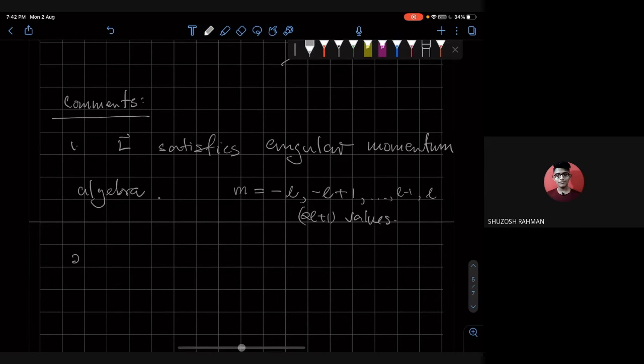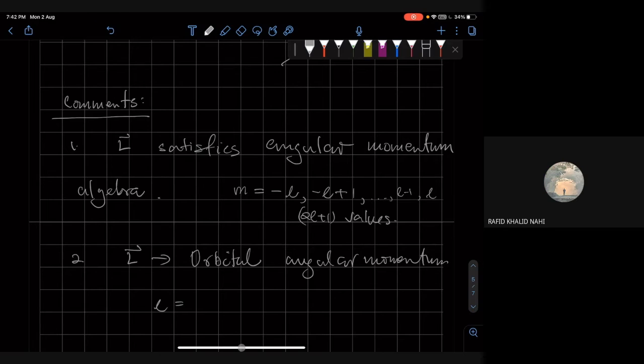But since L is orbital angular momentum, not spin angular momentum, what are the allowed values of L? Can someone tell me? Integers only.